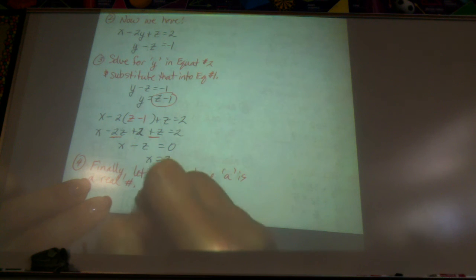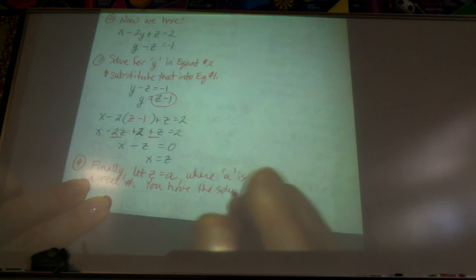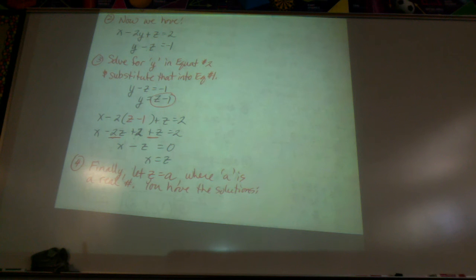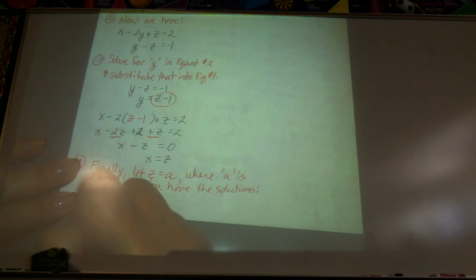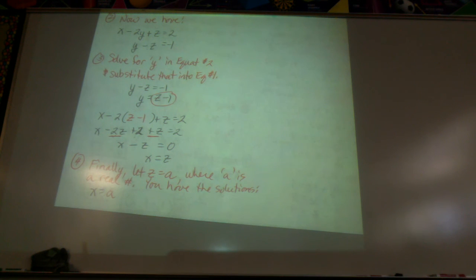You have the solutions. So if x is equal to z, and we're letting z equal a, what does x actually equal? A. Are you with me? Because x and z are the same number, we're letting z be a, and if x and z are the same number, then x is also a, right?